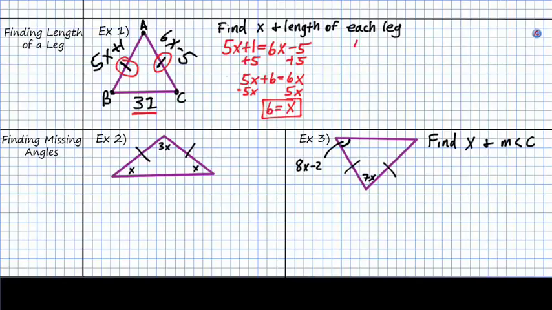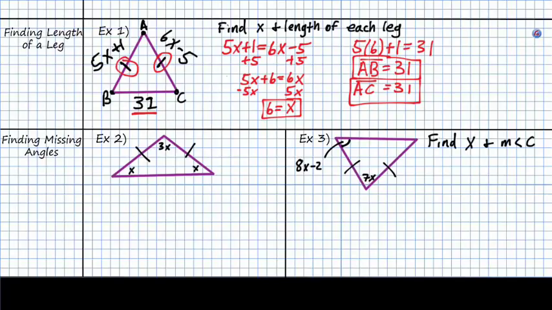So I can just plug this in. 5 times 6 plus 1 equals 31. So the length of AB equals 31, and then I also know that AC will be equal to 31. So those ones are pretty easy.